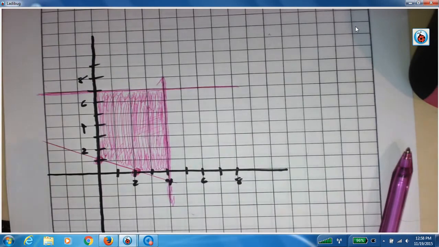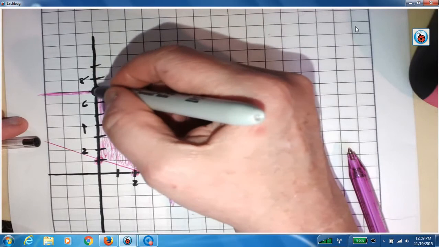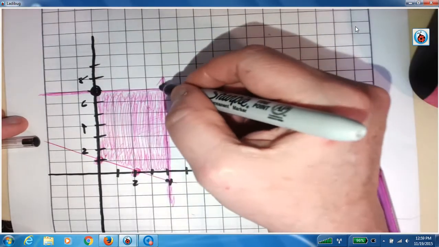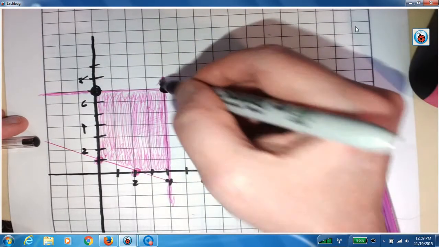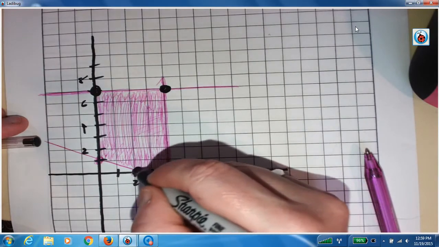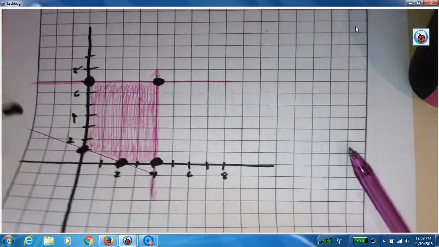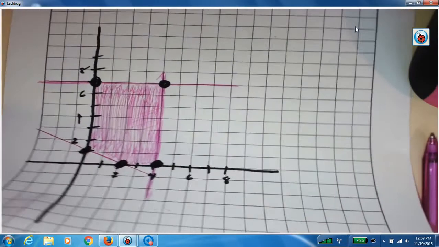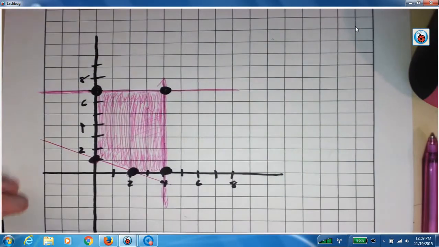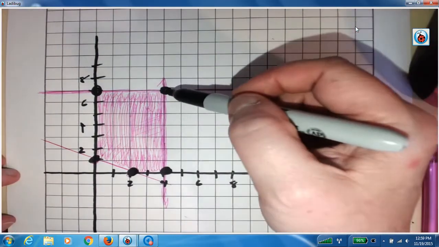Now, where are my vertices on this pink shape that I have shaded in? There's a vertex, a corner. There's a vertex. There's a vertex. There's a vertex. And there is a vertex. Okay, now, what are the coordinates of these points? Well, should be easy to read off.